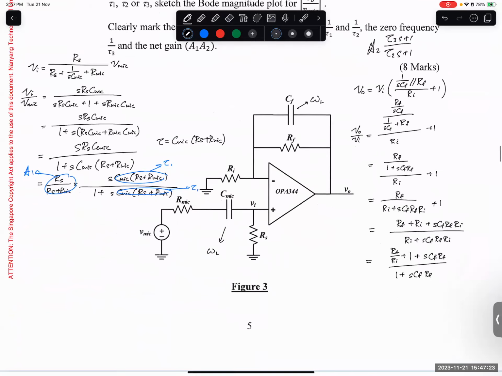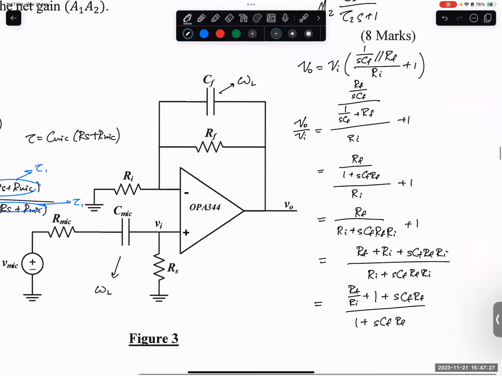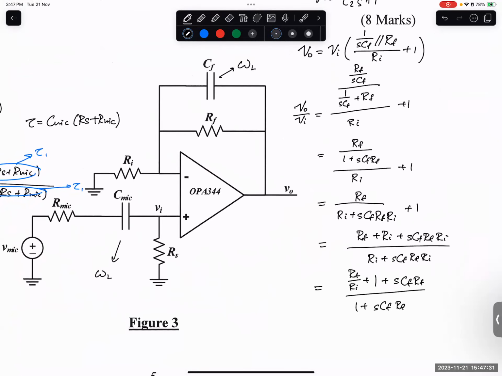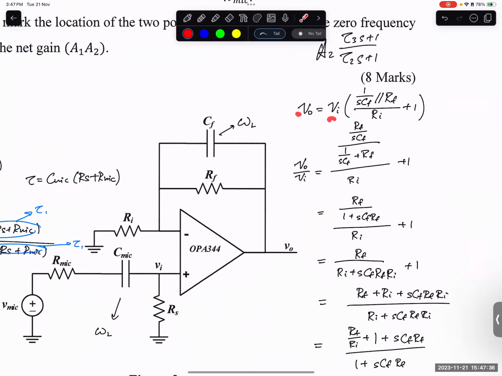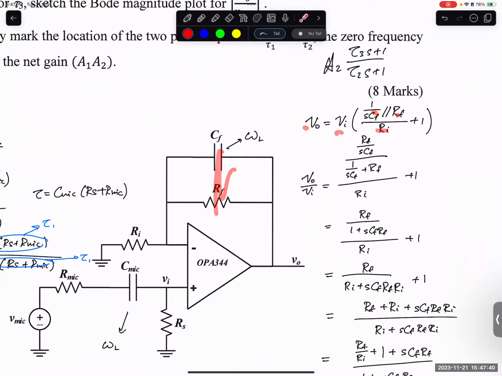Is there a careless mistake somewhere? Who's right though? And analyze from the top again. So from here, VI, right? These two in parallel make sense over RI, and then plus 1, right? Because of the voltage VI, right?